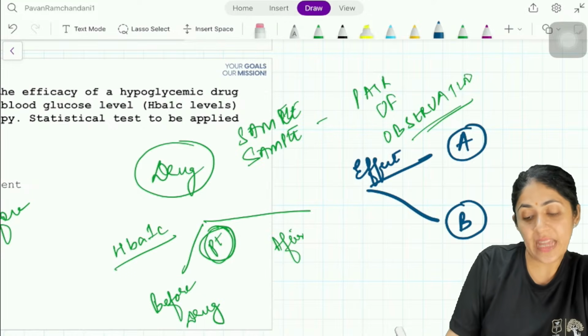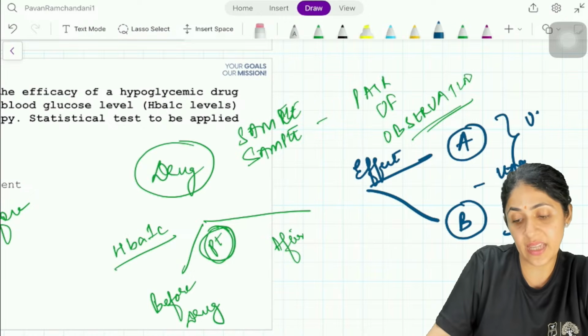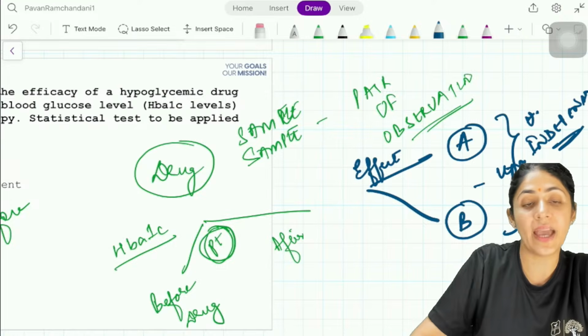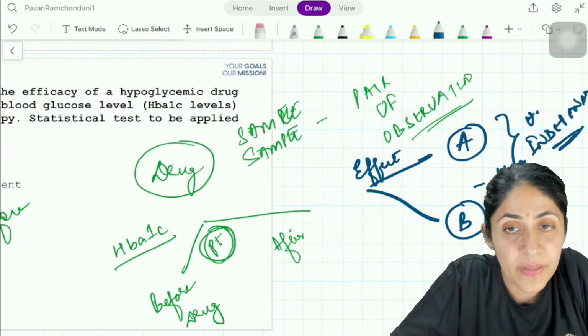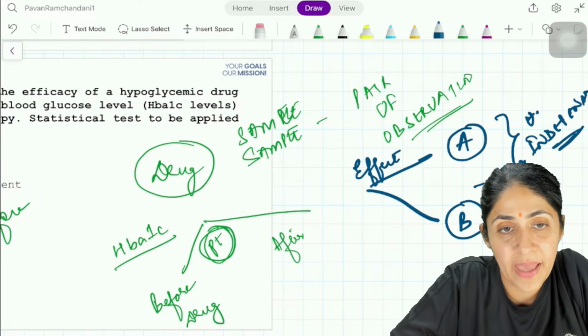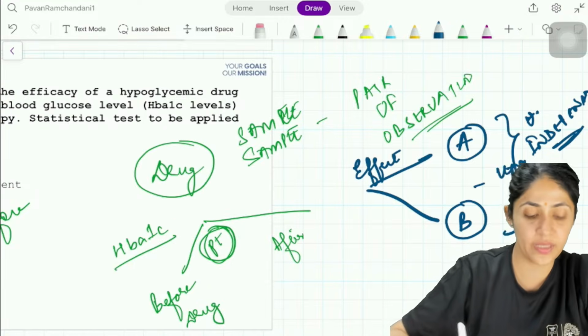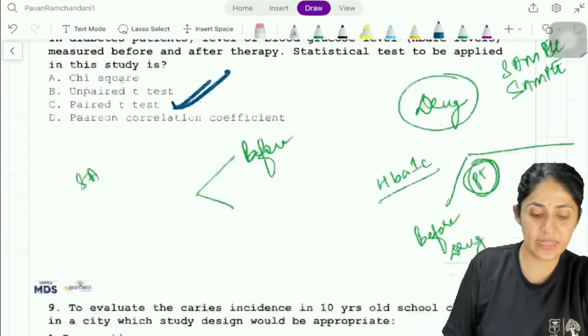They are unrelated to each other, independent observations. That is when you apply the unpaired t-test. Understood? So the answer here would be paired t-test.